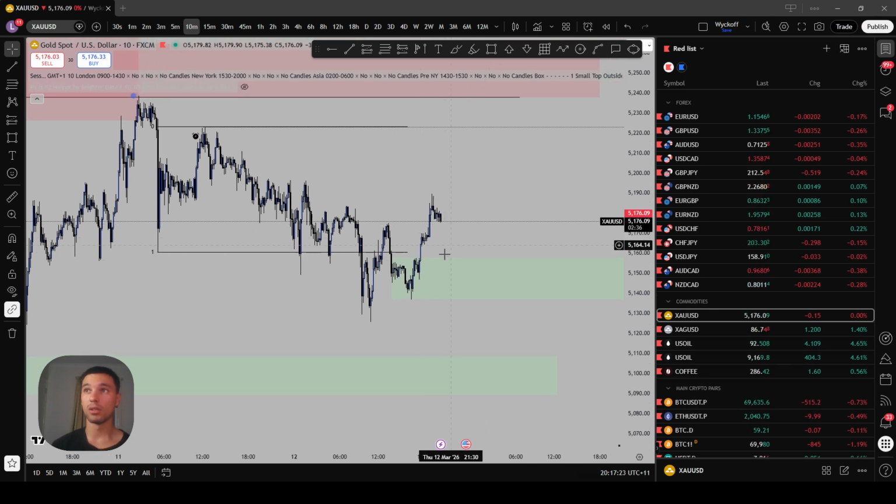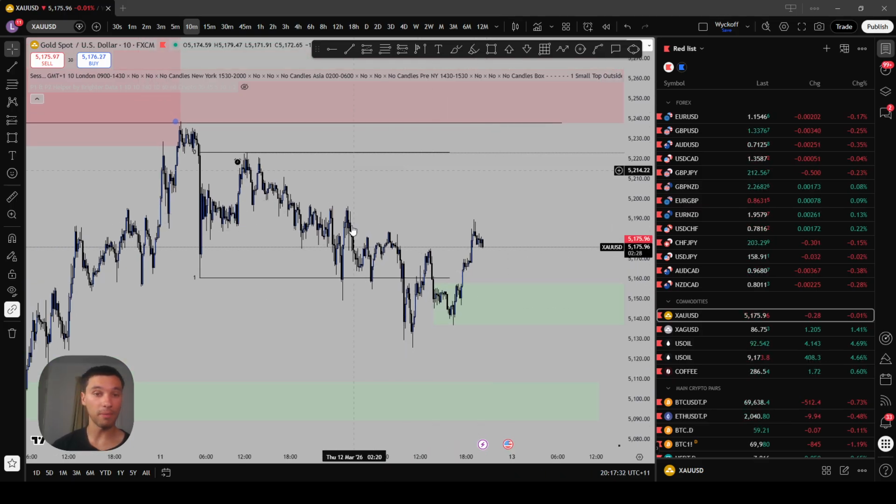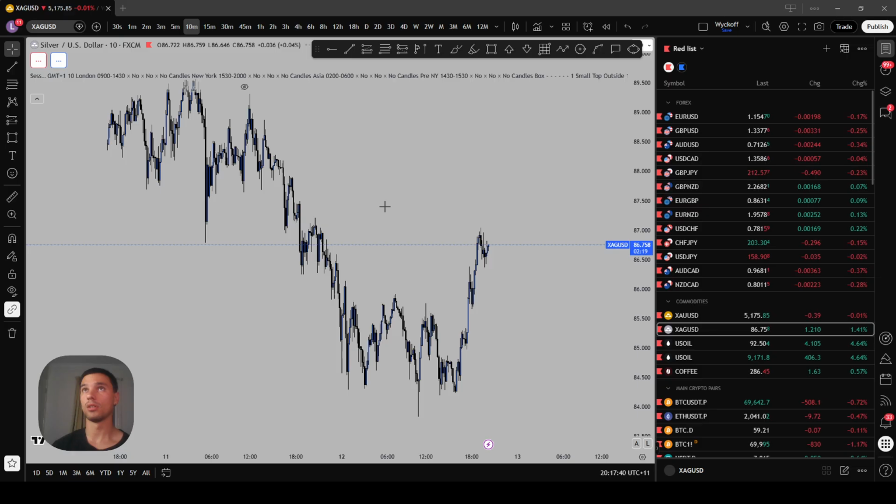As of now, I'm just looking for a potential re-entry opportunity in this demand zone, because overall I'm expecting price to go higher to sweep this extreme liquidity and mitigate this extreme supply. So that's it for gold.